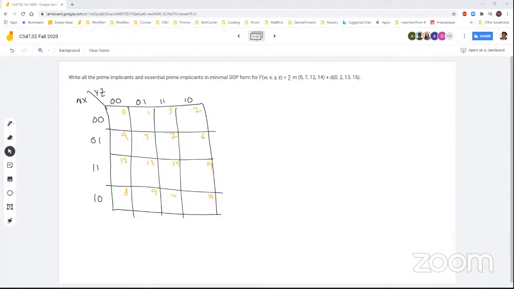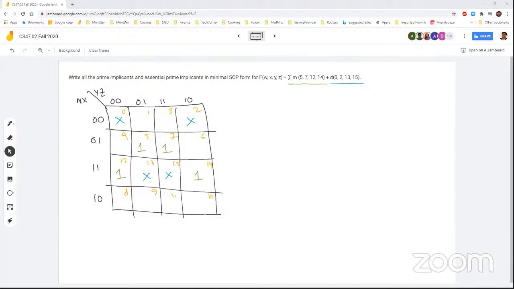Now from this SOP, we place 1 at 5, 7, 12, 14. And from the other part, which is don't care, 0, 2, 13, 15, we put X. Now we make a group.